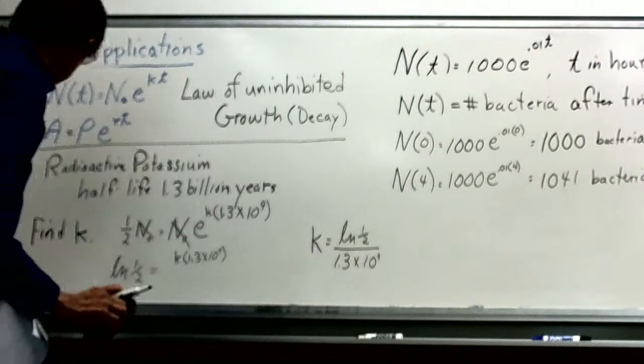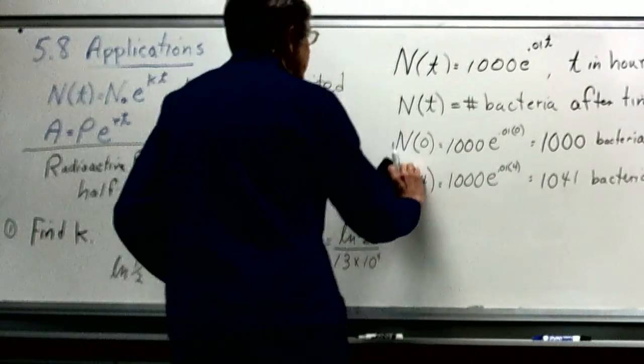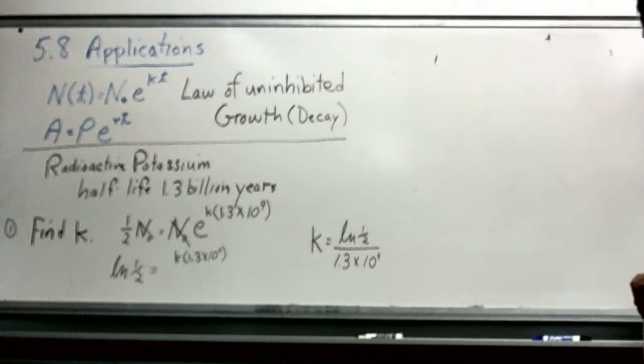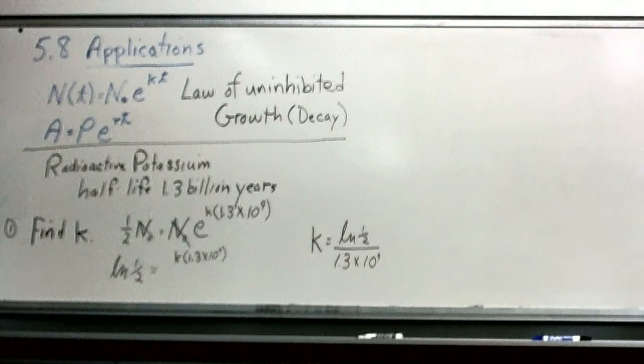Well, that's step one. Once we have found k, we can then use this formula to find what's left after a certain amount of years, or we can find out how long it takes for a certain amount to be decayed.